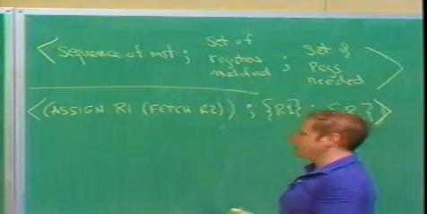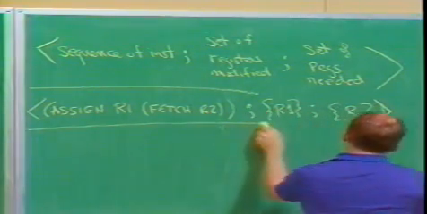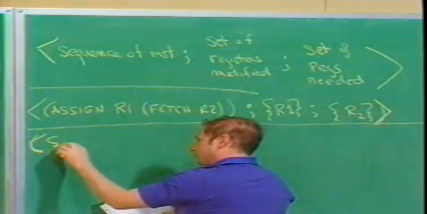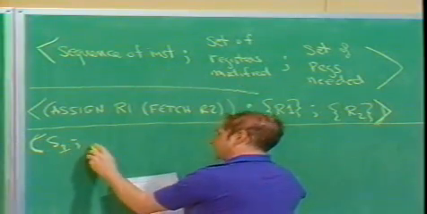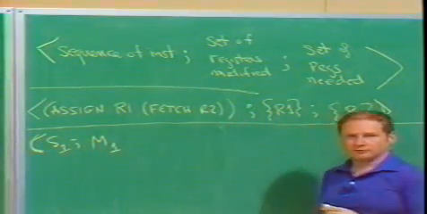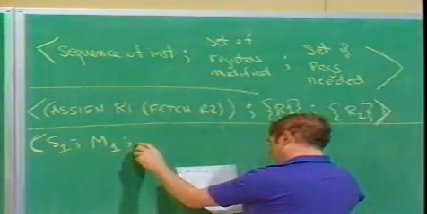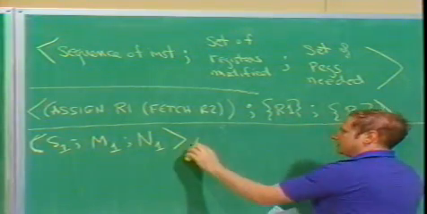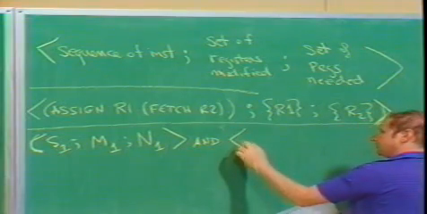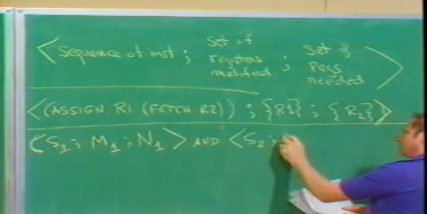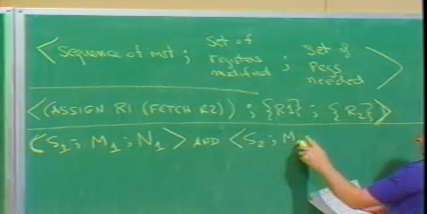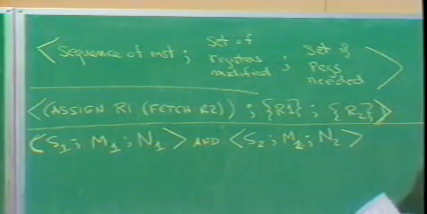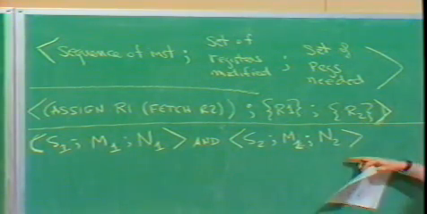And now, when it combines two sequences, right, if I'm going to combine, let's say, sequence 1 that modifies a bunch of registers M1 and needs a bunch of registers N1, and I'm going to combine that with sequence 2 that modifies a bunch of registers M2 and needs a bunch of registers N2, then, well, we can reason it out.